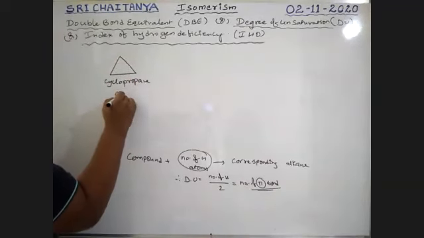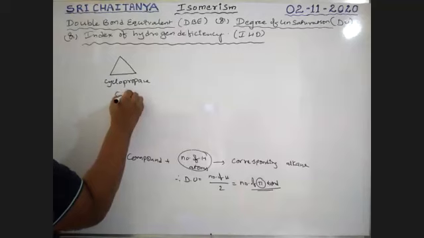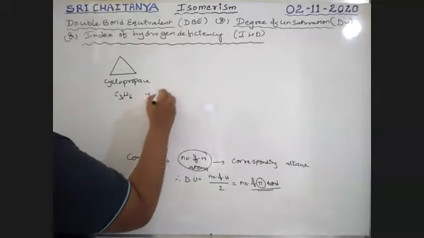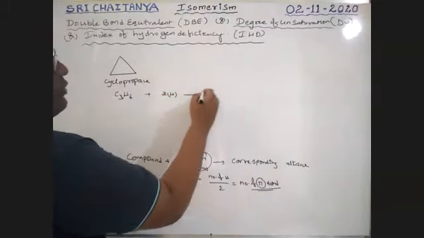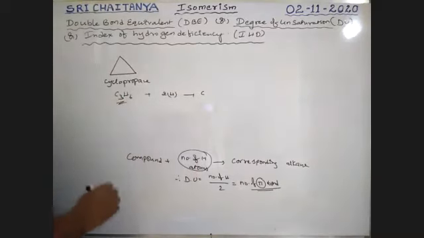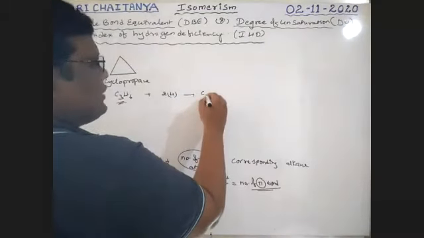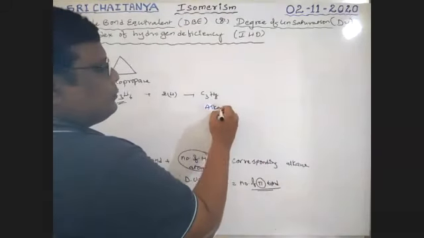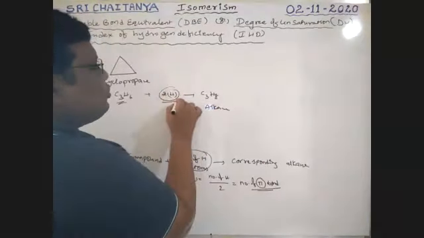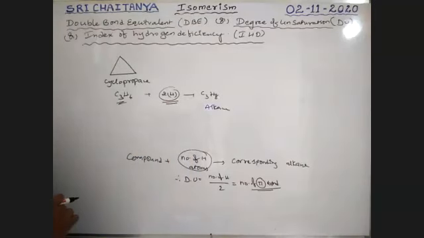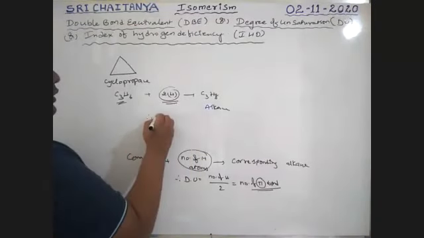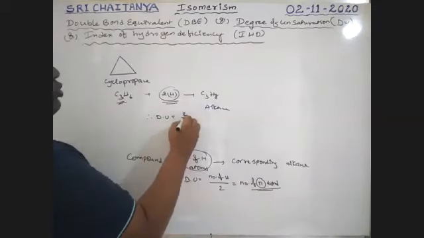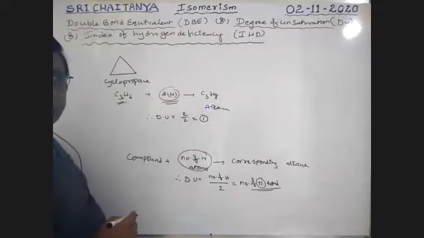Formula: 3 carbons, C3, 6 hydrogens, H6. But it takes 2 hydrogens to convert into the corresponding alkane, boys. Open chain alkane C3H8. It is an alkane. Therefore, it requires 2 hydrogens. Therefore, degree of unsaturation is equal to 2 by 2, which is equal to 1.